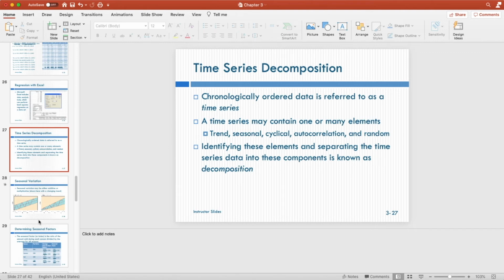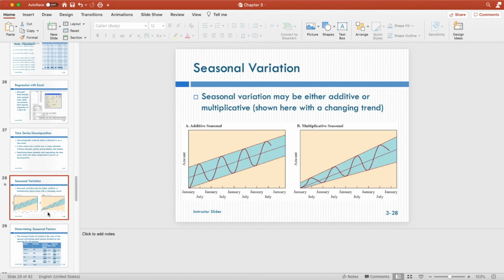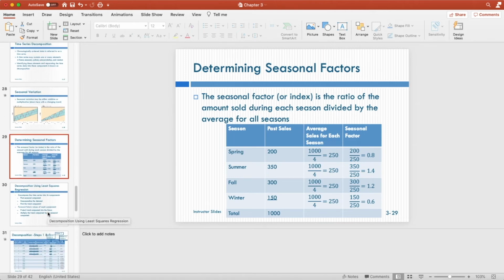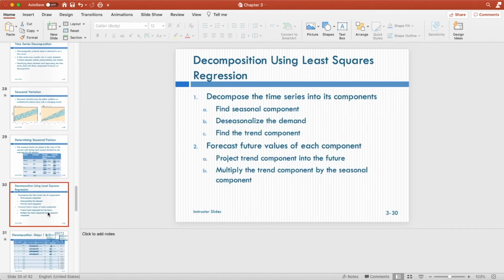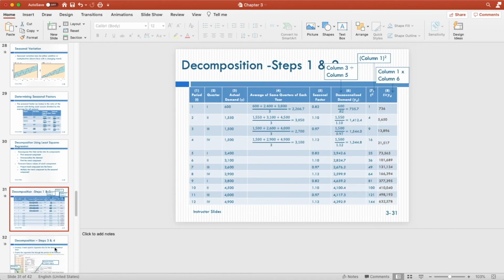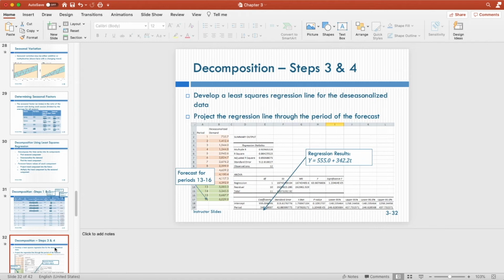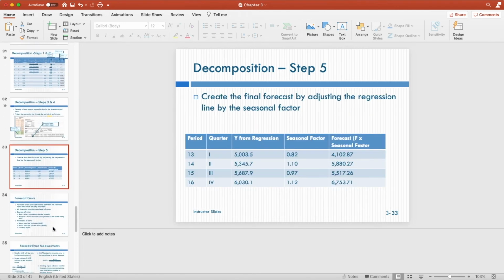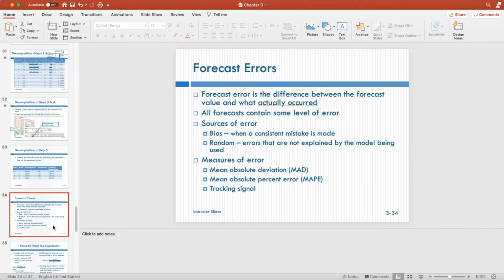That's very important, and the conceptual part may be covered within the exam. I won't spend too much time on the quantitative part, these few slides on the decomposition quantitative methods, but as I said, if you're interested, let me know. We can discuss it. That's actually very interesting. Now let's move to the forecast errors.